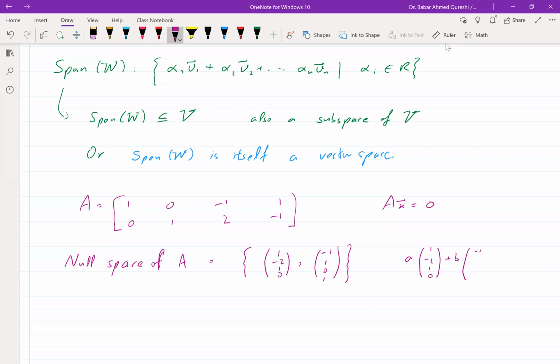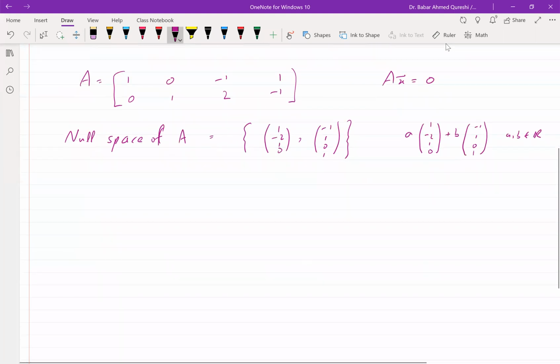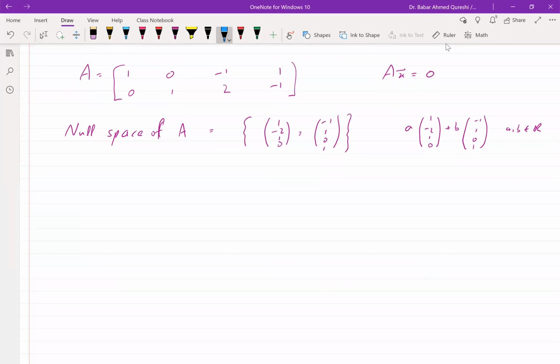A, B are completely arbitrary. Now you can consider in other vector spaces, pick up some set of vectors and consider their span.